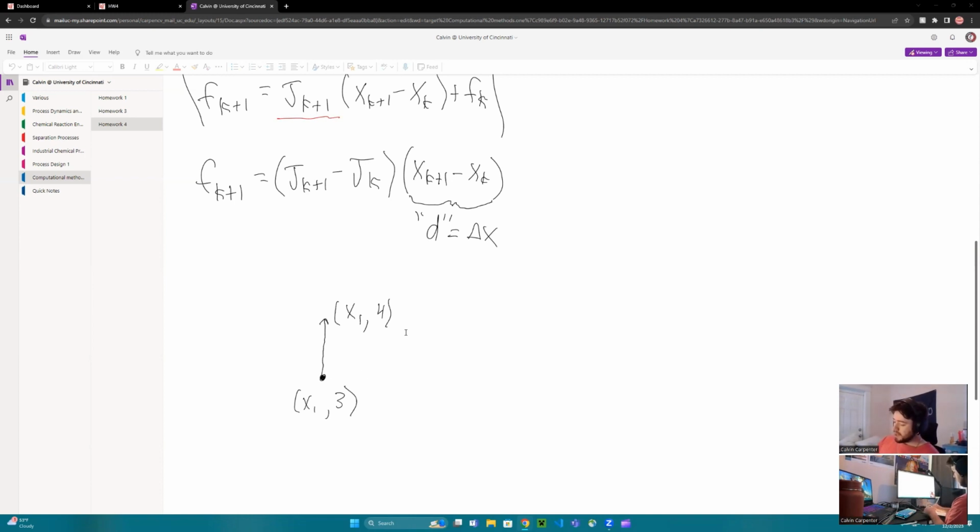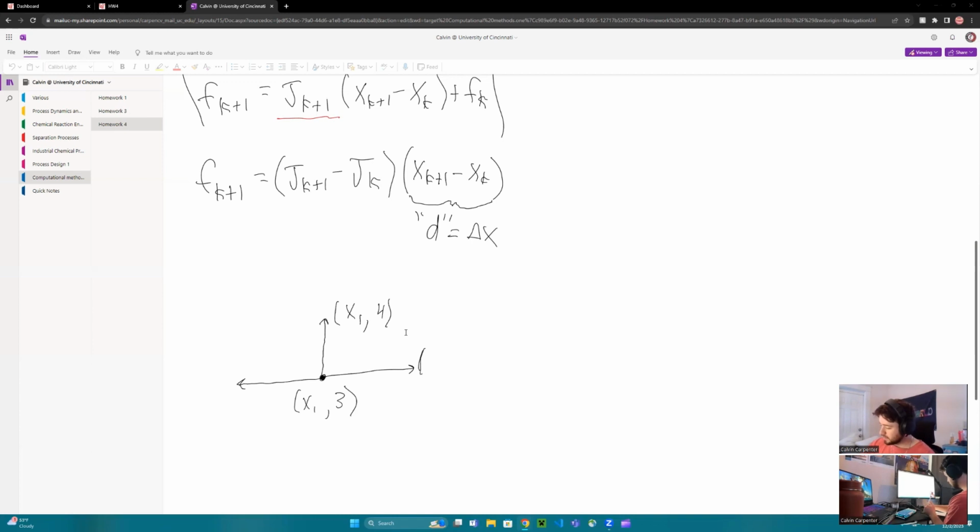If you have an undefined shift of x that is perpendicular, I guess I shouldn't draw it like that. Your shift in x is perpendicular to your shift vertical. I lost my train of thought. Let me just draw it real quick. So we'll call this point, sorry, there's people outside.